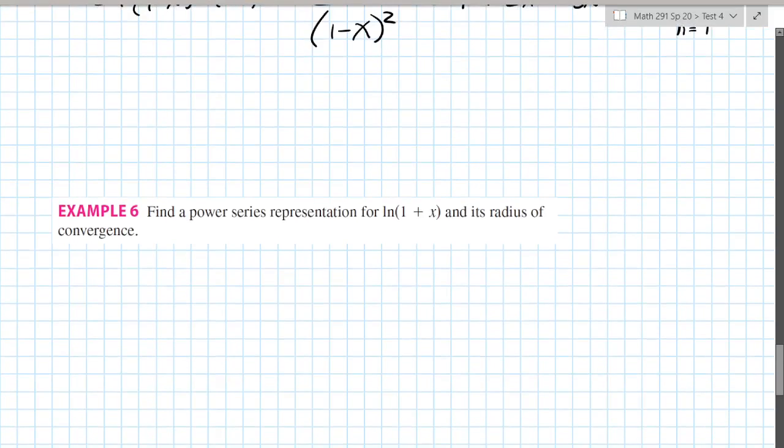Next, we want to find a power series representation for the ln of 1 plus x, and we need to find its radius of convergence.